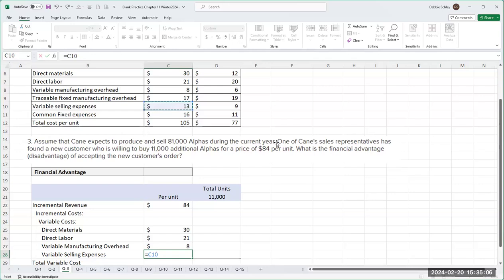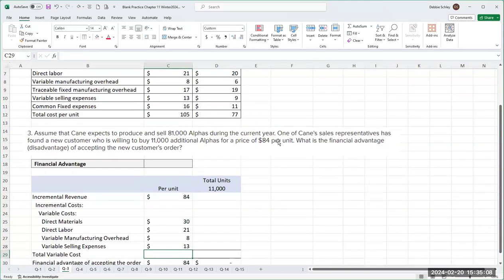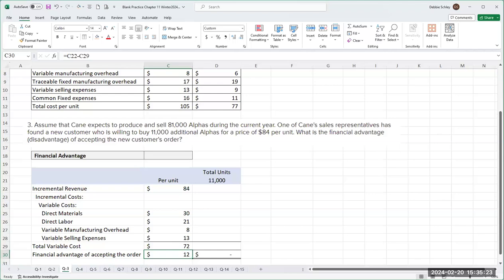So that's that. So my total variable cost per unit equals the sum of those numbers. So right there, all that's telling me I did the sales price minus the variable, and that gives me the contribution margin.